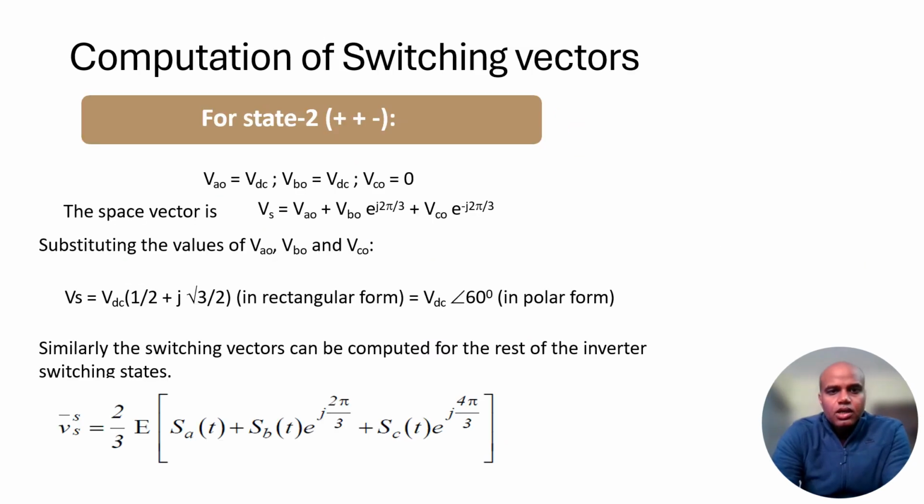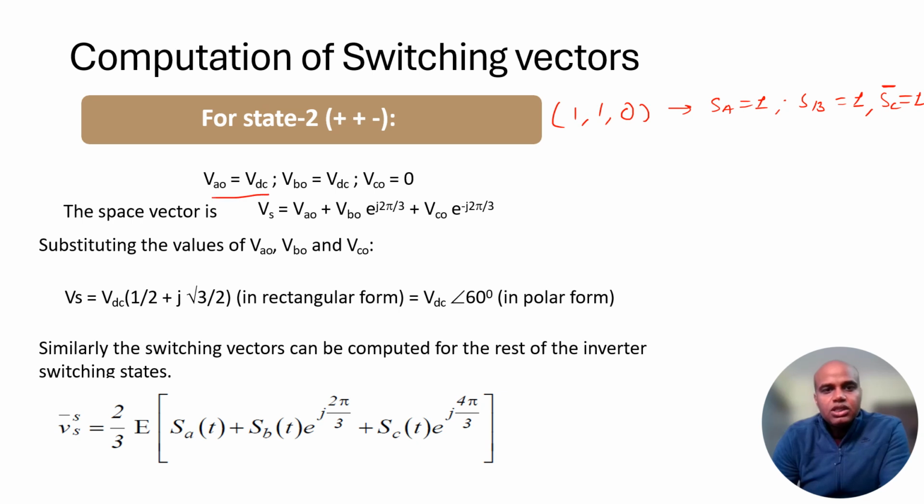Similarly, if we look at state 2, where the switching sequence is 1 1 0, it means that the state of SA is 1, closed, SB is also closed, and SC dash is 1, and SC is 0. Therefore the output voltage VA will be VDC, VB is equal to VDC, and VC becomes 0.